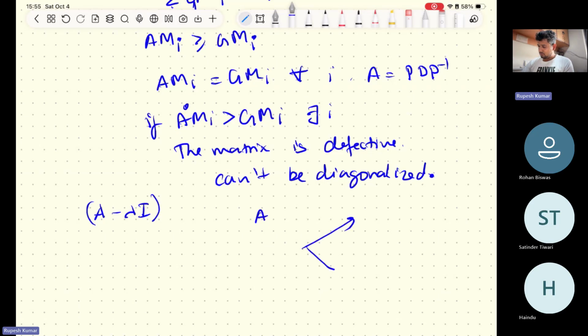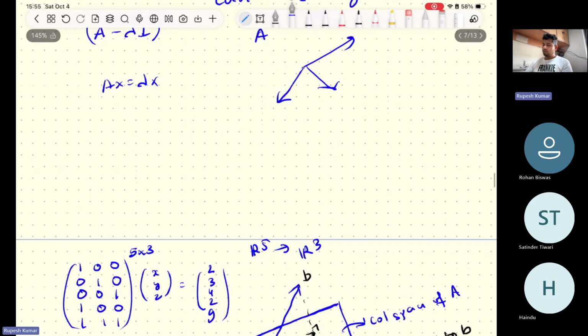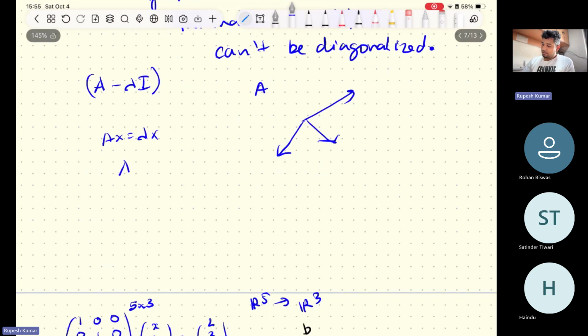So let's think of it like this. Whenever I'm defining an eigenvector, I say Ax equals lambda x, right?